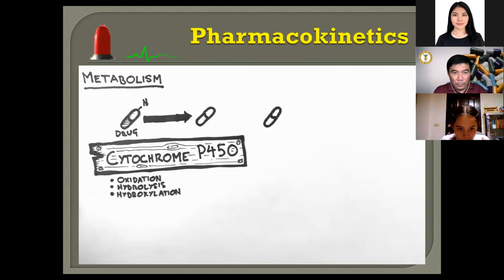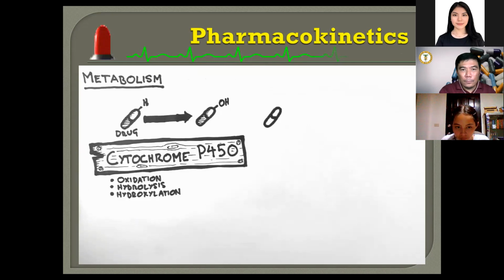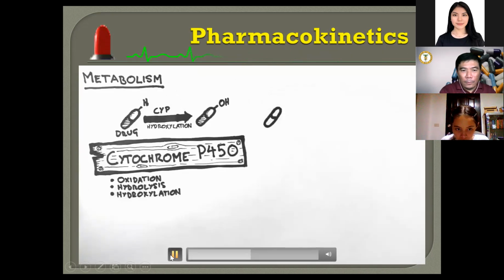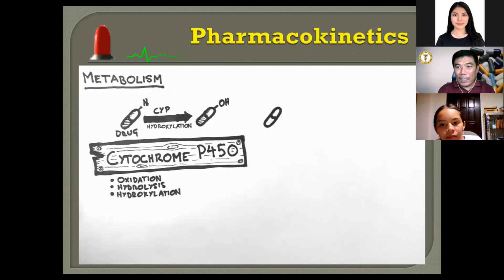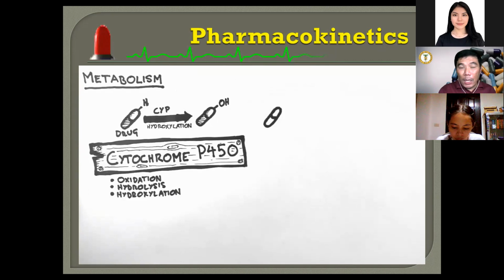Through the process of hydroxylation, the cytochrome P450 enzyme has turned the hydrogen into a hydroxyl group. Okay. So we are no longer concentrating on this too complicated presentation. What is important is that cytochrome P450 is the one responsible for metabolism of the drug.